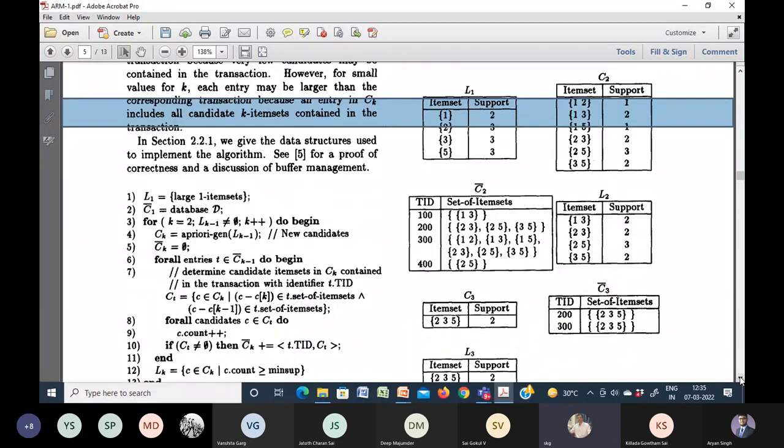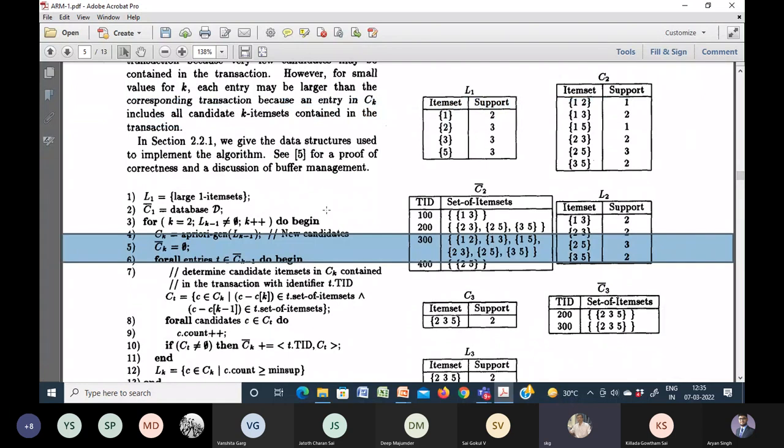So what are the candidates? Again we have these combinations by joining. Out of that, the candidate is {2, 3, 5}. Okay, let me go up.